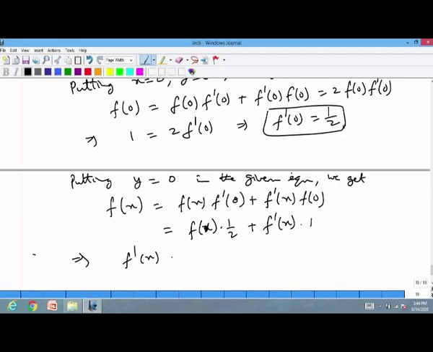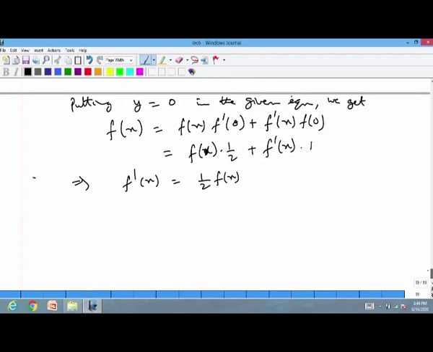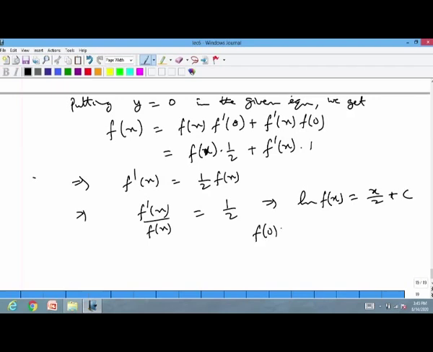f prime x is equal to half f x, and this implies f prime x by f x equal to half. By integrating, we get log f x is equal to x by 2 plus c. f at 0 equal to 1 implies c is equal to 0.